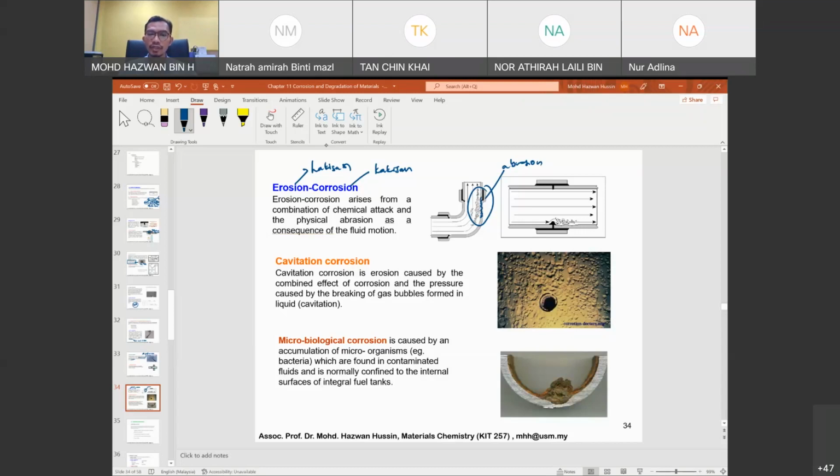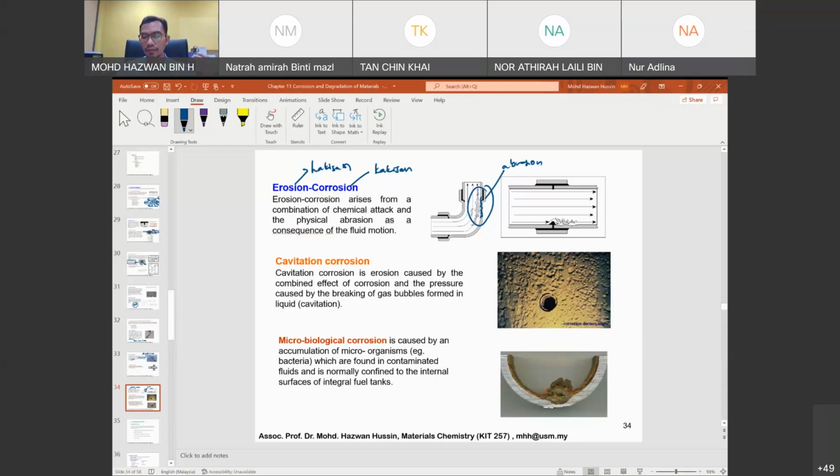Cavitation corrosion is an erosion caused by the combined effect of corrosion and the pressure caused by the breaking of gas bubbles formed in the liquid during cavitation. Sometimes you'll see there's an interconnection between these processes. Bubbles are produced when you have a flow or high pressure.